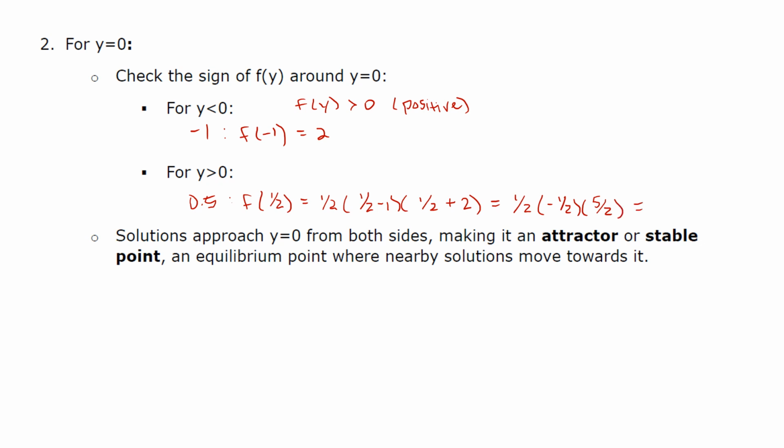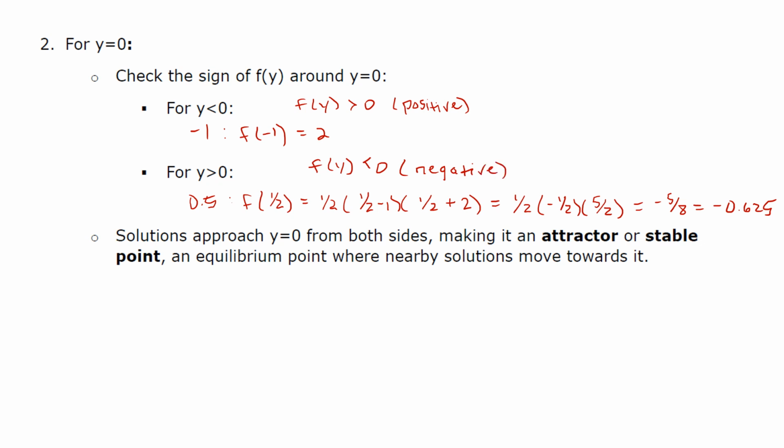So that will come out to be -5/8, which is -0.625, I believe. All right, so that is a negative value. So f of y is less than 0, so that's negative.